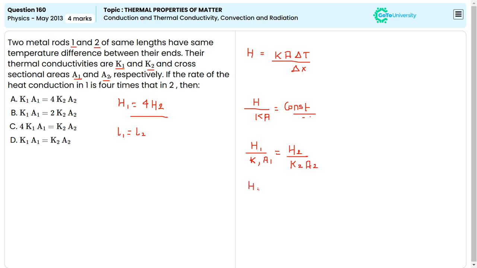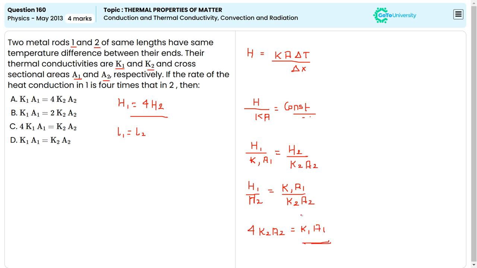Then H1 by H2 is equal to K1 into A1 divided by K2 into A2. Then we know that H1 is equal to 4 times H2. We can write it as 4 times K2 into A2 is equal to K1 into A1.